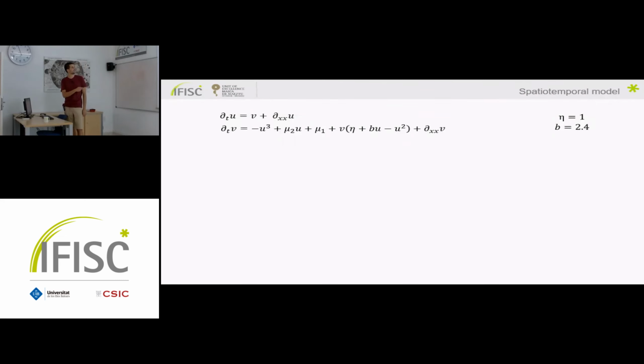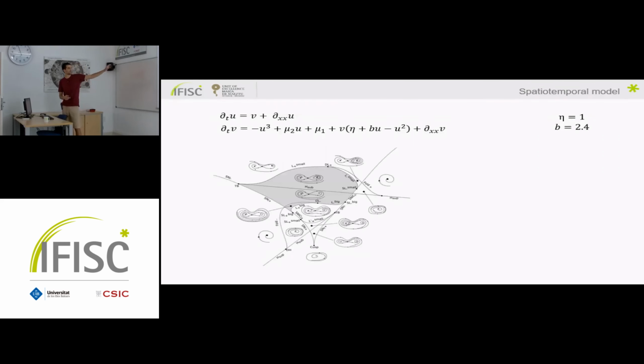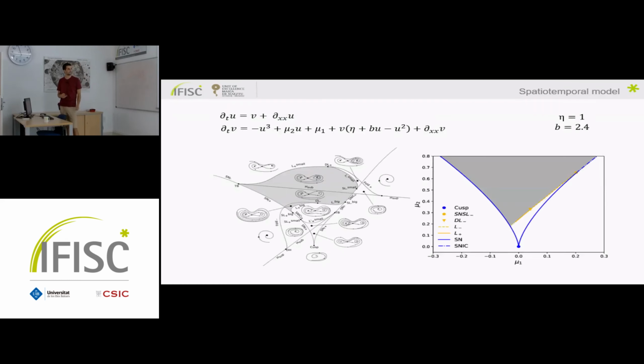And we let mu1 and mu2 be the control parameters. Studying this system, we get a description of the temporal phase diagram. But for this talk, we are only interested in very few of all these bifurcations.